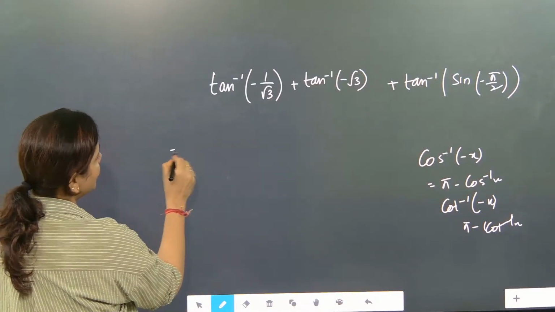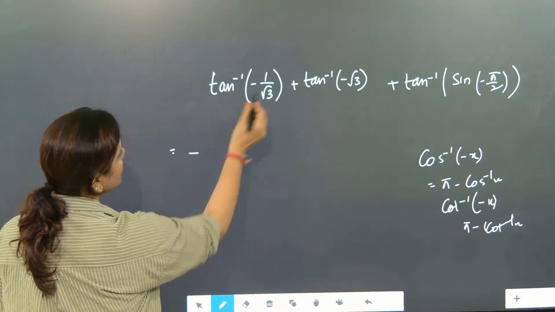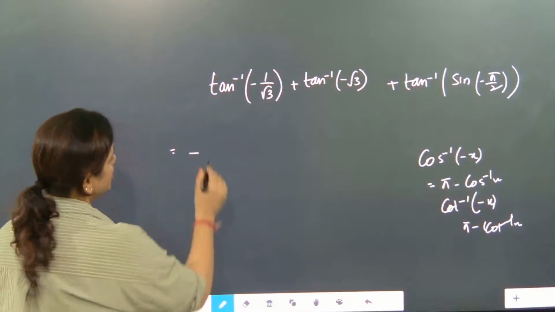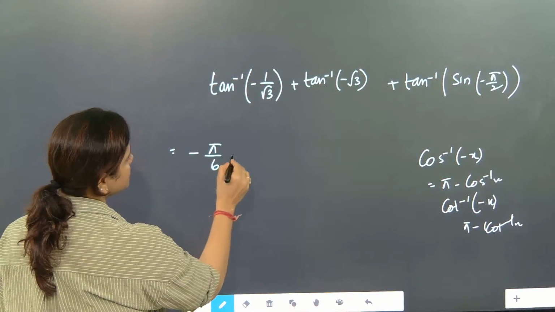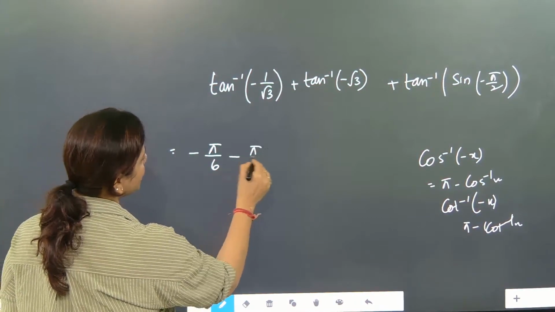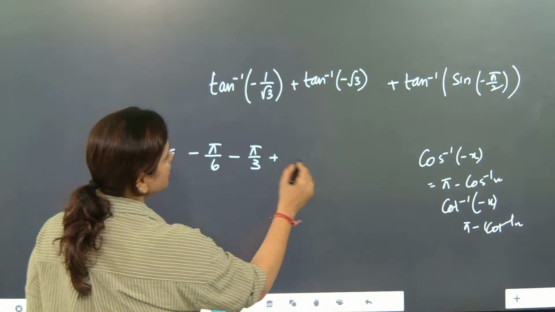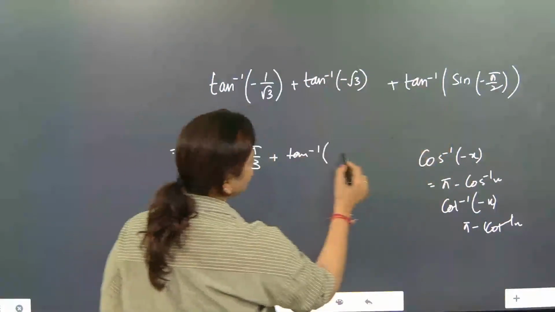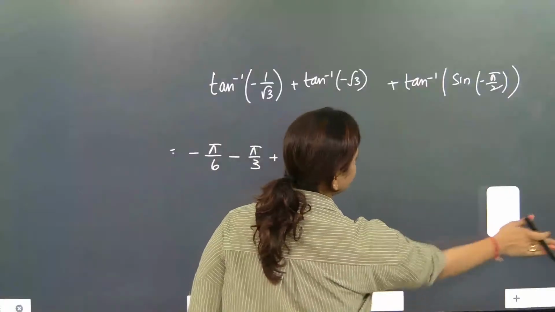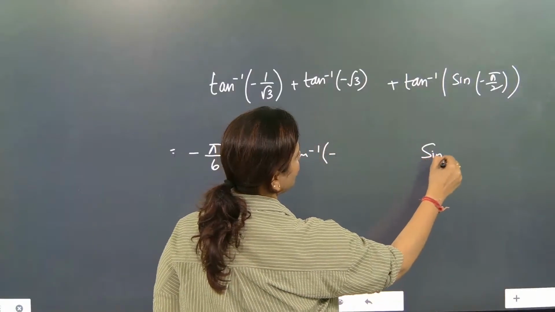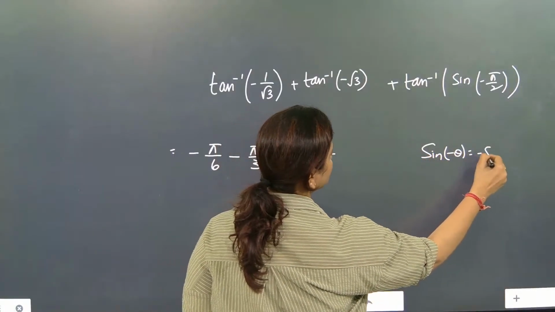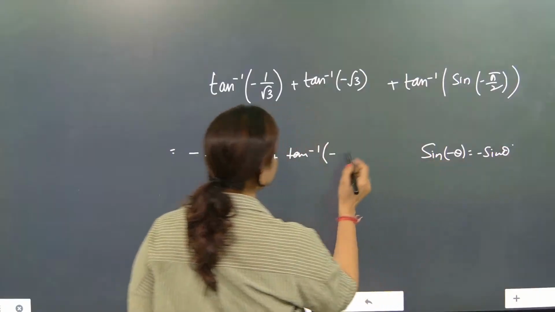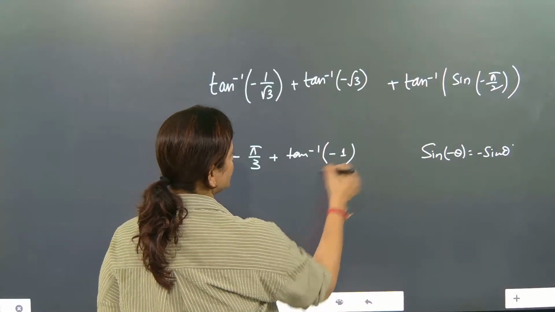But we have to answer this question. So minus, this is coming as 30 degrees, so it will become minus pi by 6. Then here minus pi by 3, plus here tan inverse of sine of minus theta, which is minus sine theta. So this part is coming as minus 1.